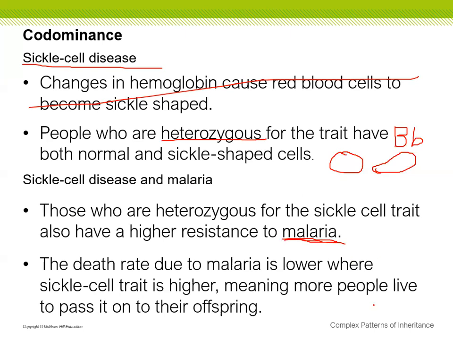We'll end up talking about this, but the only real vital points here are that one, this is a heterozygous disease, and two, because these people are more likely to survive malaria, which is very lethal and kills millions of people a year, they're more likely to live versus people who don't have this, who are more likely to die. They are more likely to pass that on to their offspring, which is why it is endemic to the region. It is everywhere there, and that's actually a good thing.